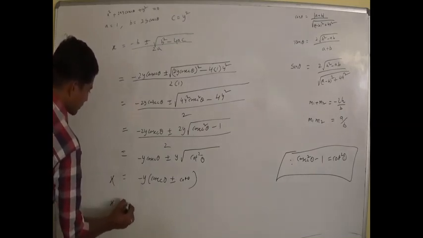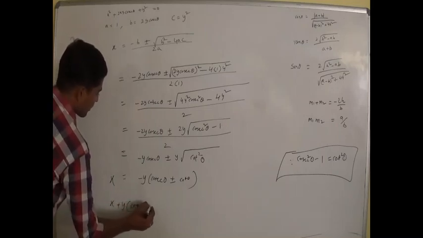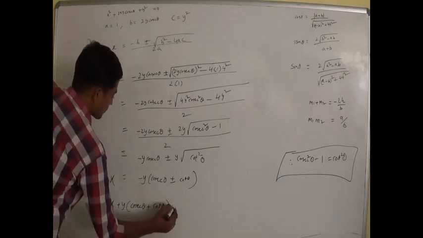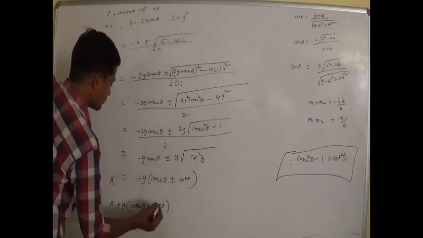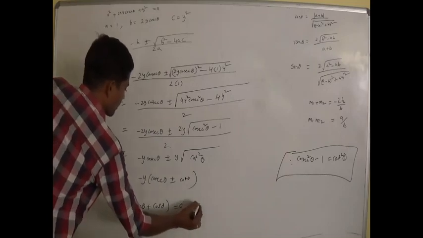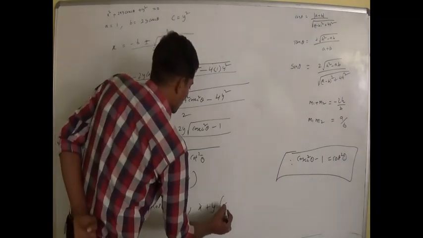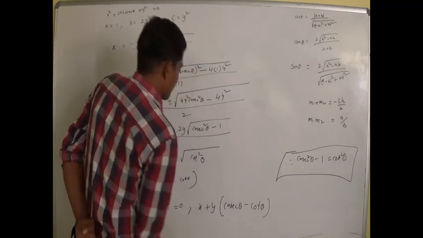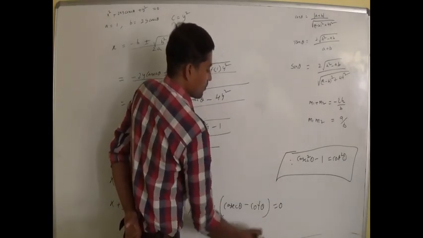x plus y into cosecant theta plus cot theta equal to 0, comma, x plus y into cosecant theta minus cot theta equal to 0.